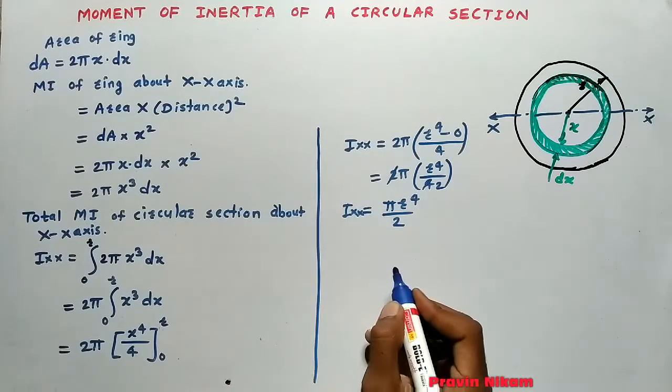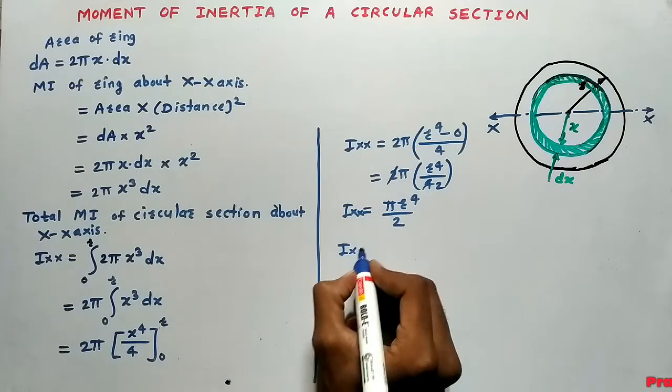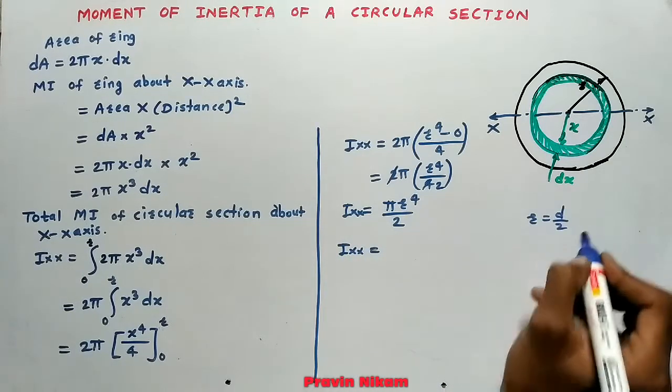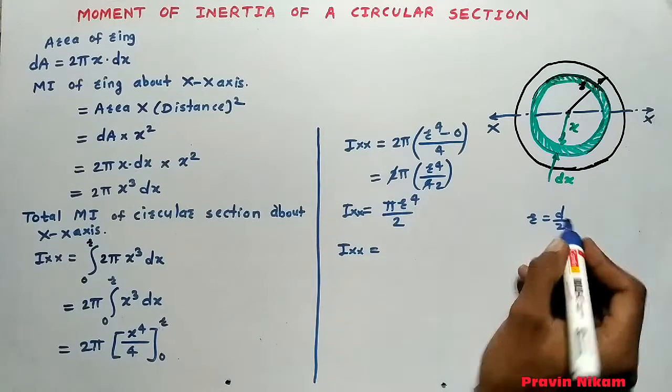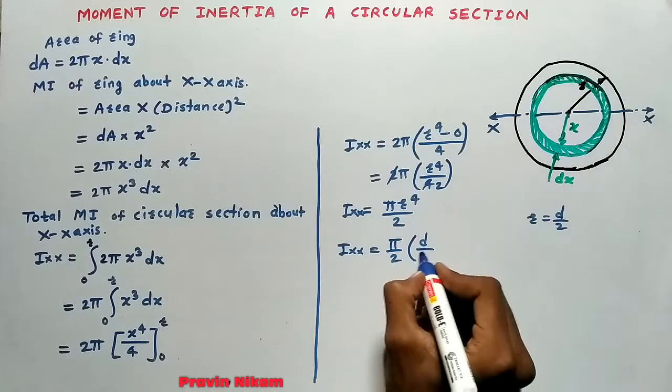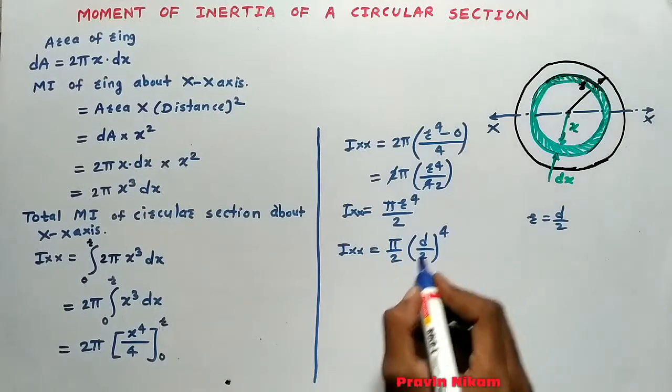This is Ixx. In diameter form, what is it? R is equal to D by 2. So put R equal to D by 2. So this is pi by 2 into (D by 2) raised to 4.